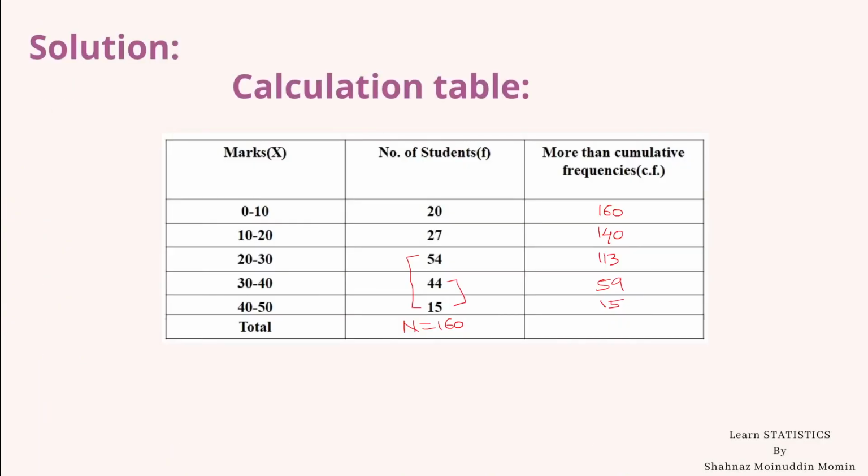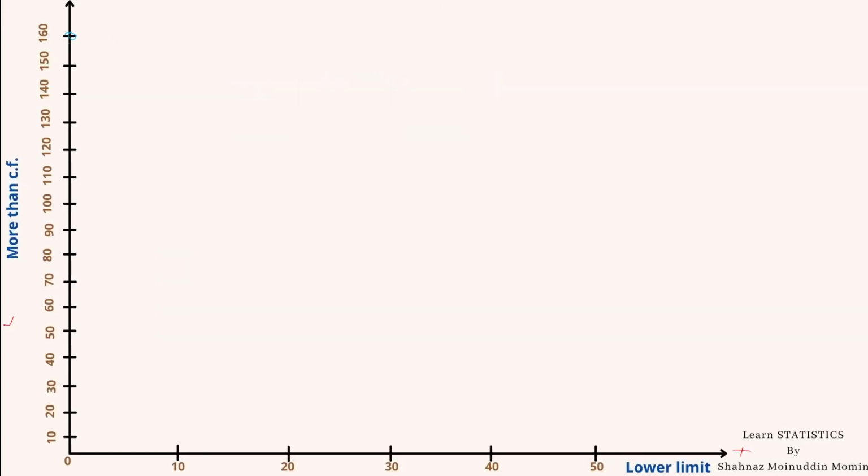Here the first class is 0 to 10 and its lower limit is 0. We plot 0 and 160, its more than cumulative frequency. First point: lower limit is 0 and more than cumulative frequency is 160.